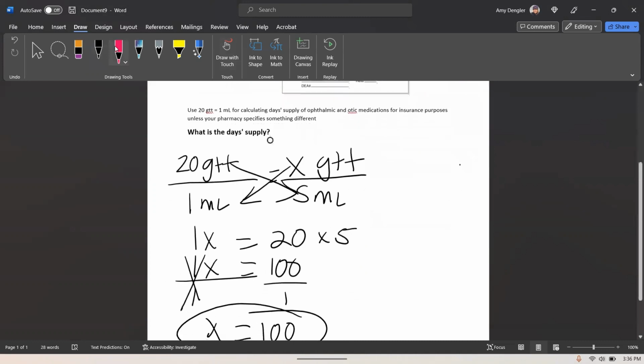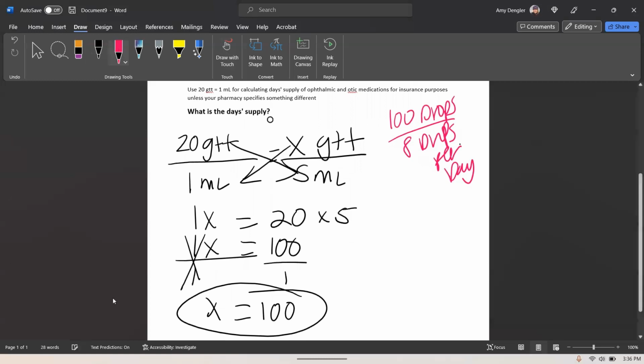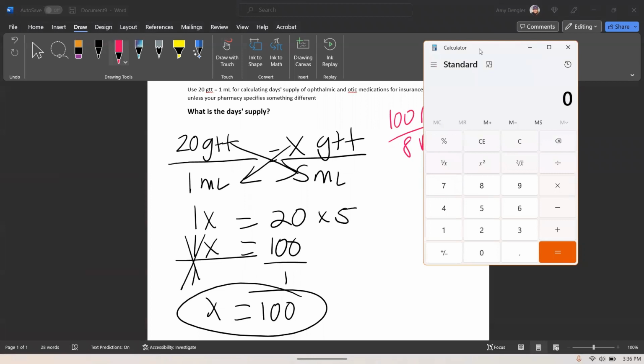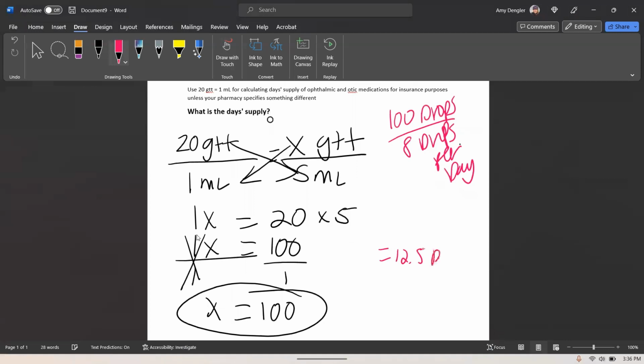And if we have 100 in the bottle and they're using 8 drops per day, so 100 divided by 8 is 12.5 days.